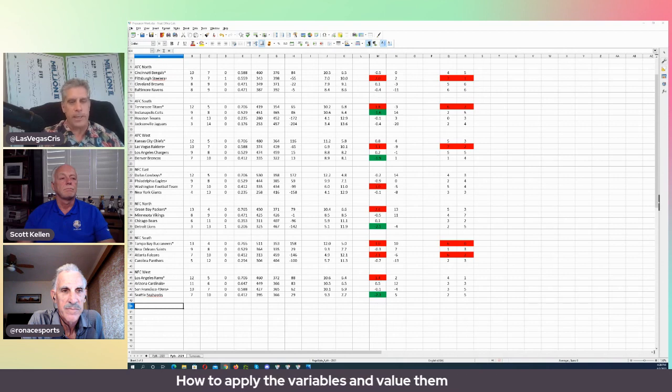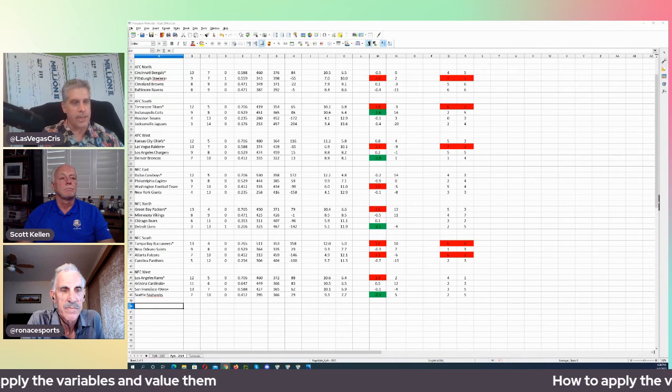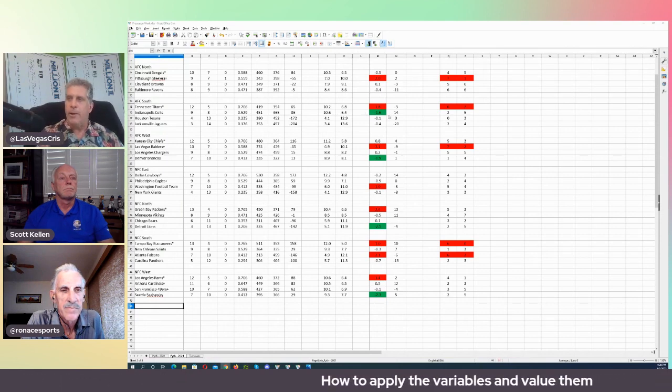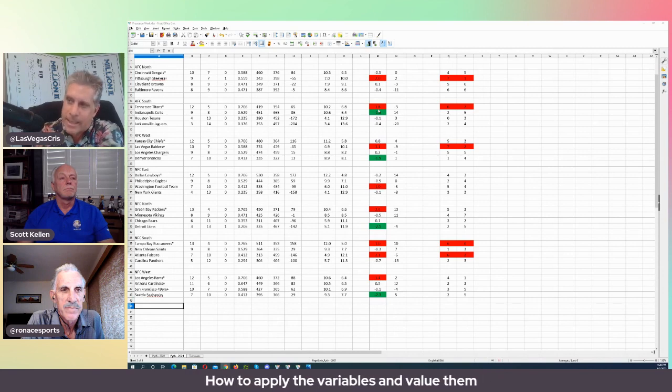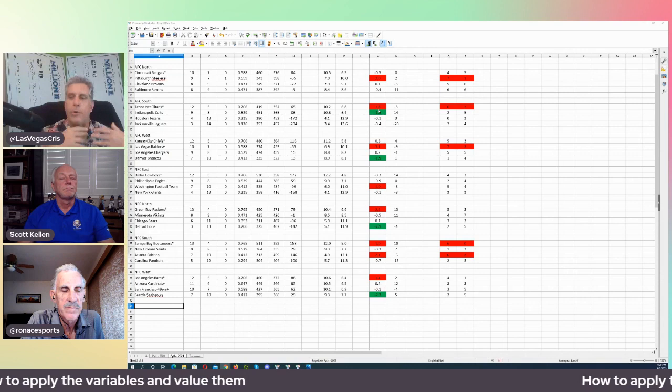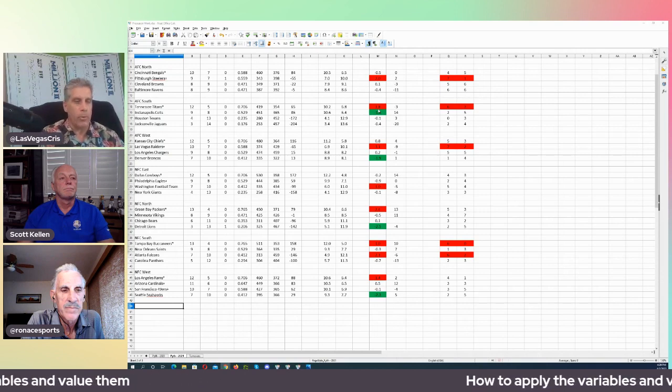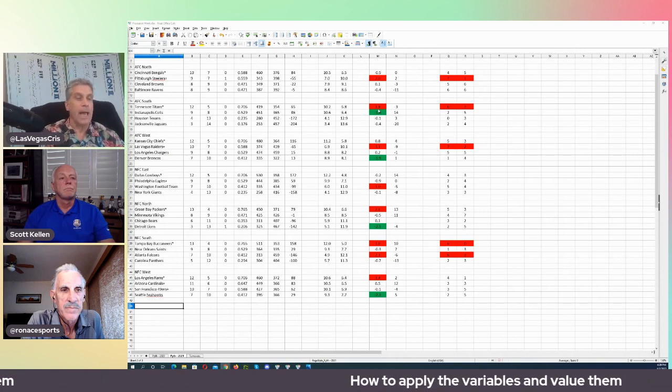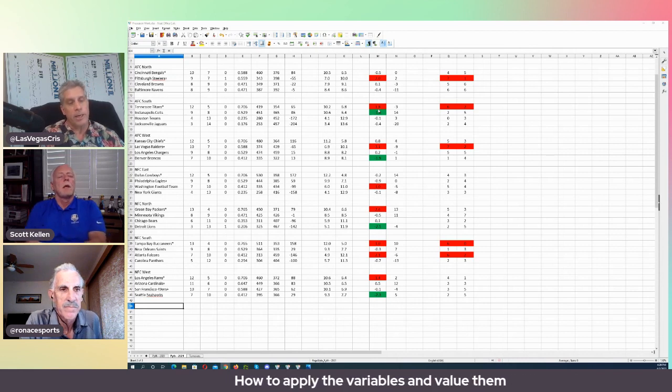The turnovers, the injuries, the strength of schedule, the coaching changes, the roster changes, the draft, all these different things. How are you actually applying a decimal point and making these little numbers move? How do you know how much to factor them in and how important they are? Scott, where's your starting point with adjustments?